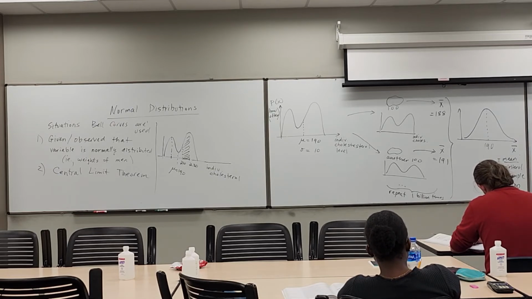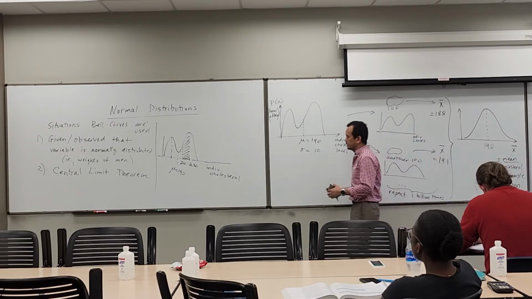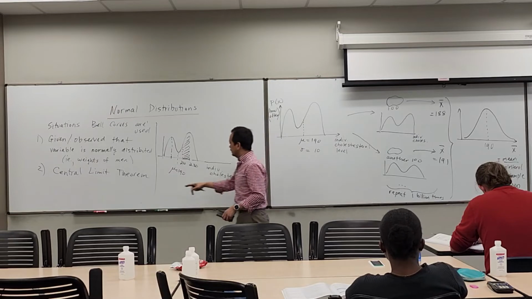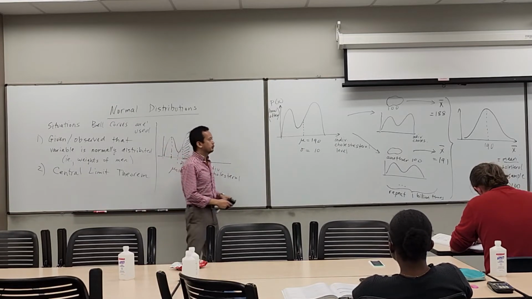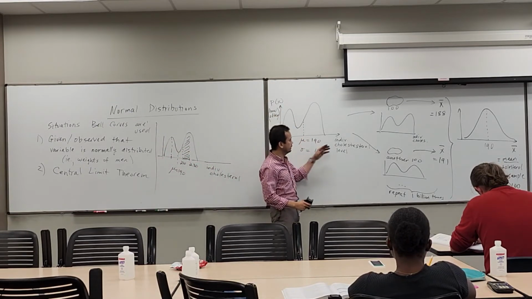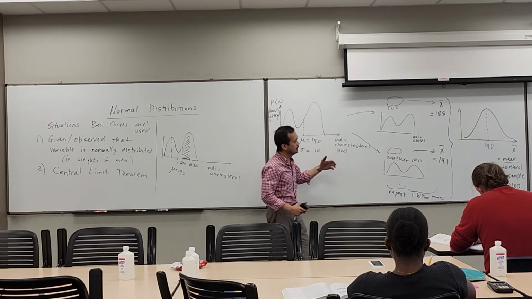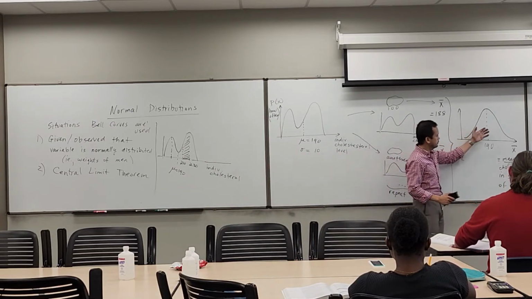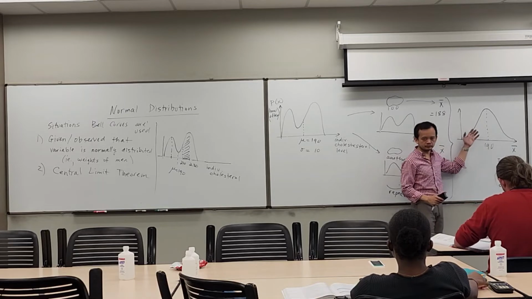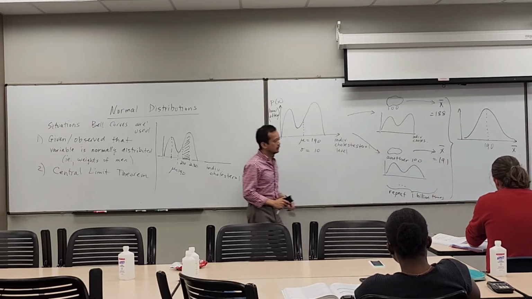Any questions so far? Okay, so this is a very important idea in statistics that we call the central limit theorem. The central limit theorem says that no matter what the distribution of individual values looks like, the resulting distribution of sample means will be a bell curve.